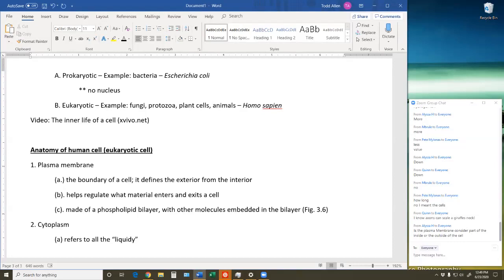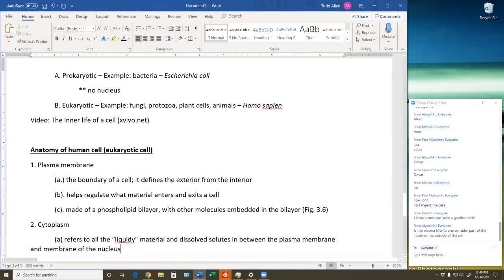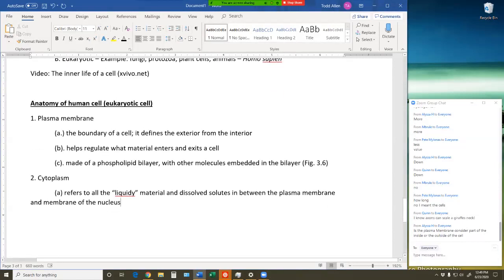Refers to all the liquidy material and dissolved solutes in between the plasma membrane and the membrane of the nucleus. Okay, so material that's inside the nucleus of the cell is not part of the cytoplasm. All the material between the nuclear membrane and the plasma membrane is basically the cytoplasm.